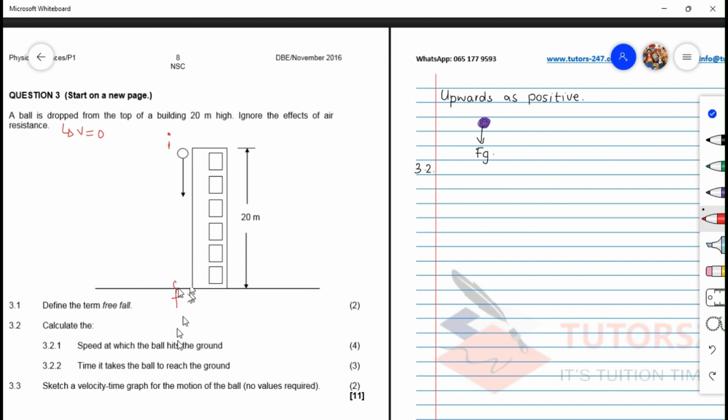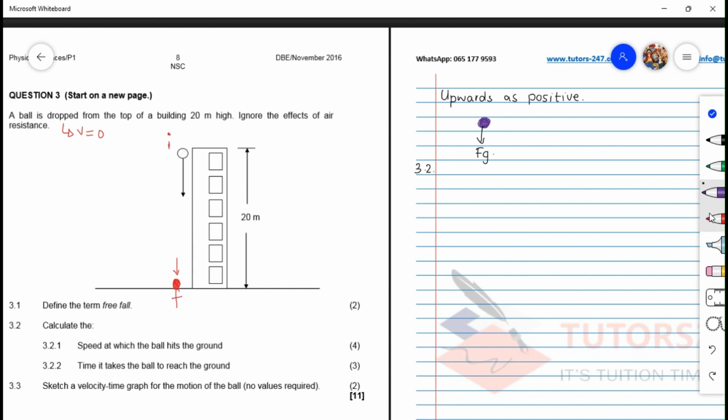So, after a distance of 20 meters, this ball will then hit the ground. And because the ball is moving in a downwards direction, and I took upwards as positive, that means the final velocity of this object is going to be negative.